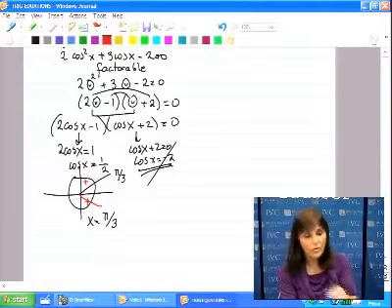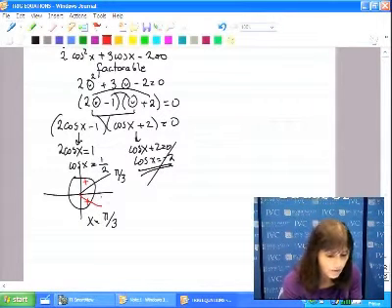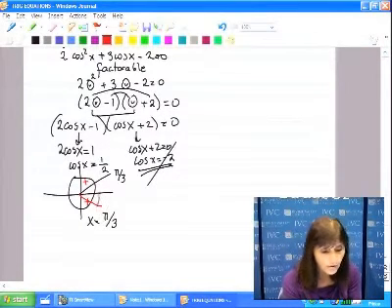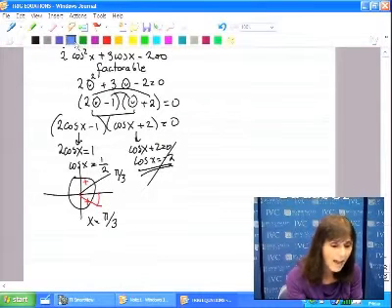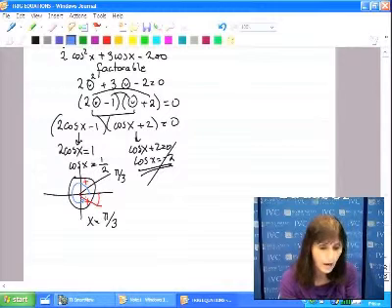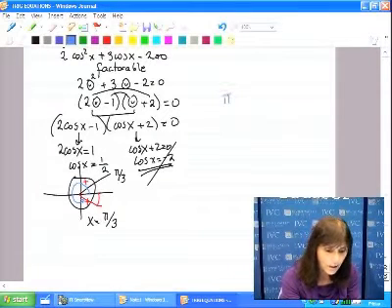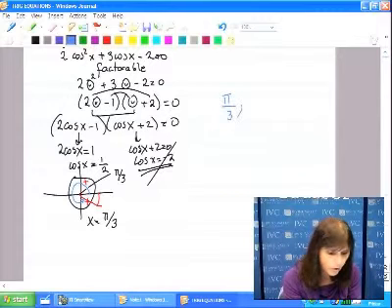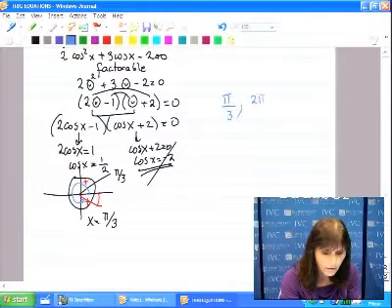In 1 revolution, I need to have this reference angle pi over 3 as well. But what is that counterclockwise from the horizontal? So I have pi over 3, and this whole thing, 2 pi minus pi over 3.